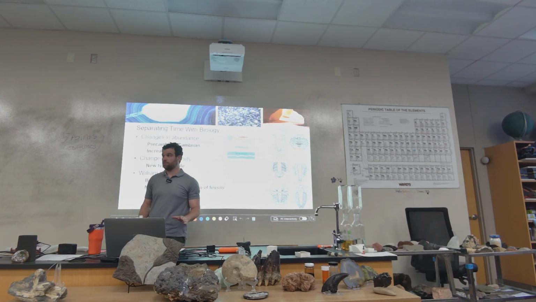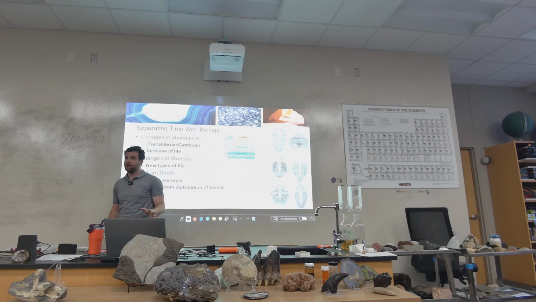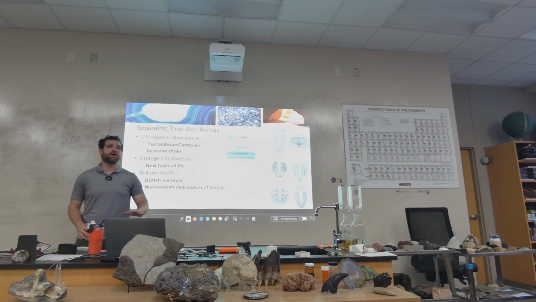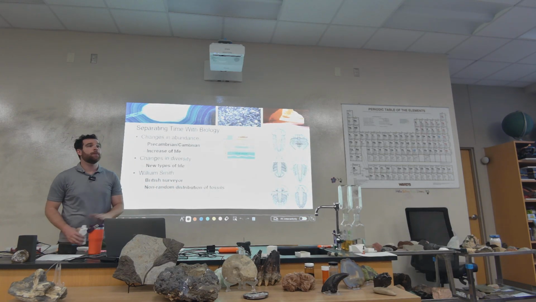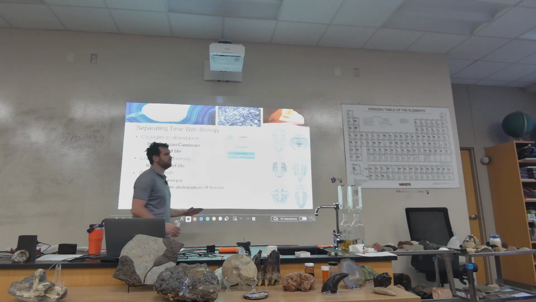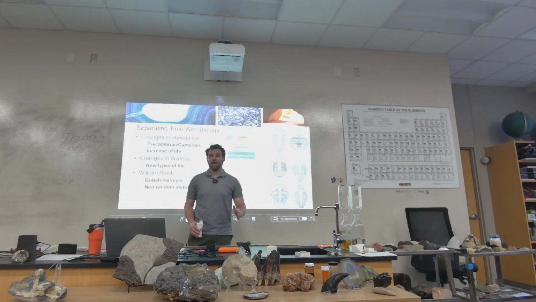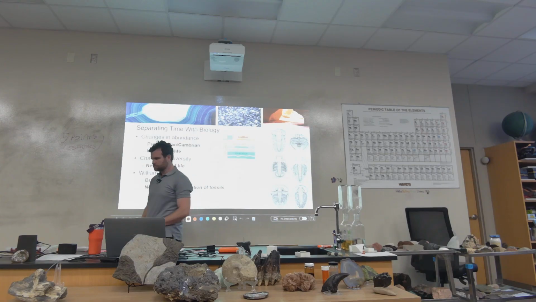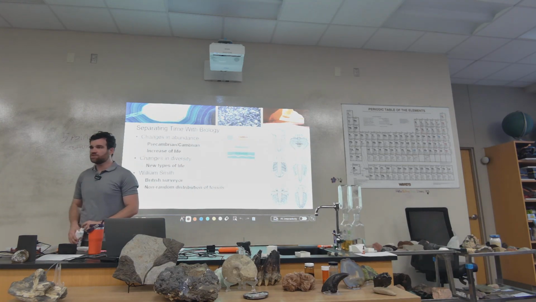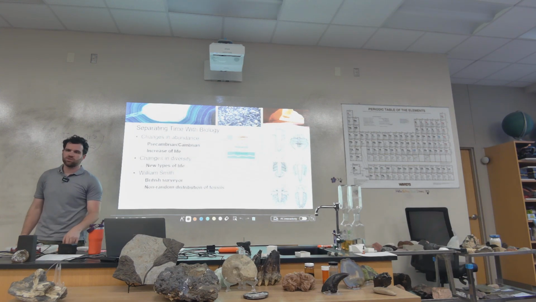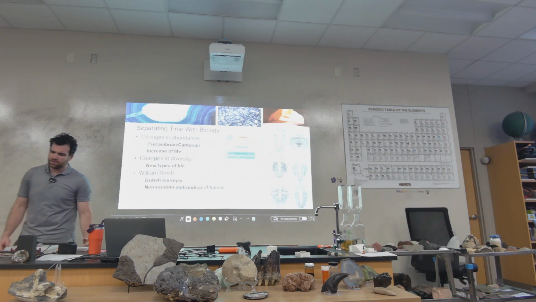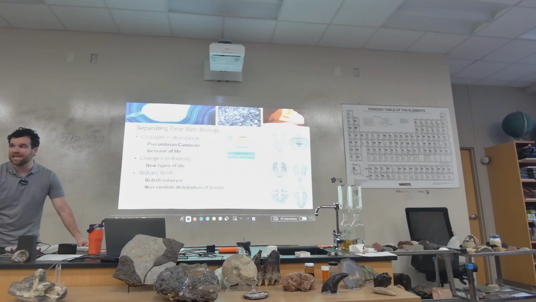Remember William Smith, that surveyor guy I talked about? He laid the foundation for this sort of study by making all the observations about fossils he did and making that geologic map. He realized that fossils aren't just random. You can go to this layer here and find fossils X, Y, Z, and go to this layer over here and find fossils A, B, C. They're not mixed, which is very important.